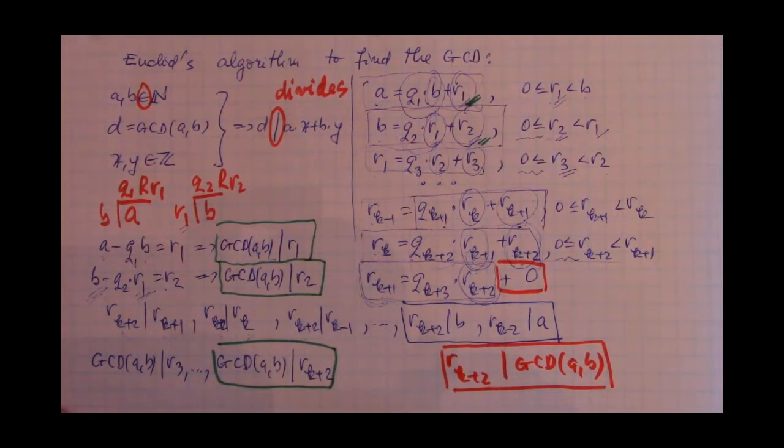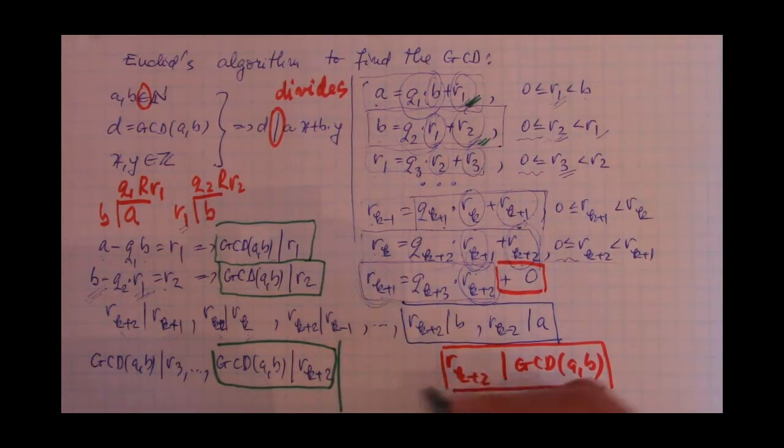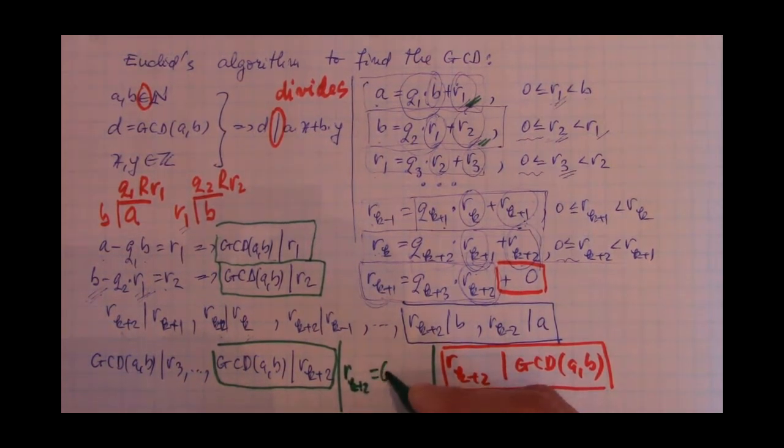Here's what we got. On one hand, the GCD of a and b divides r_{k+2}. On the other hand, r_{k+2} divides the GCD. So basically, what we just proved is that r_{k+2} is equal to the GCD of a and b.